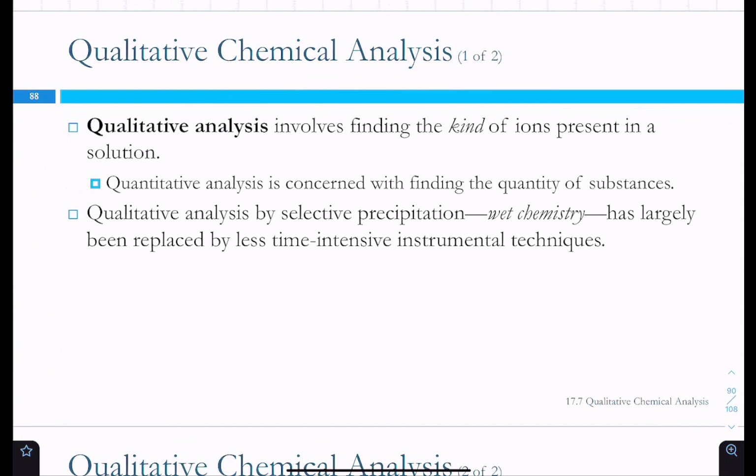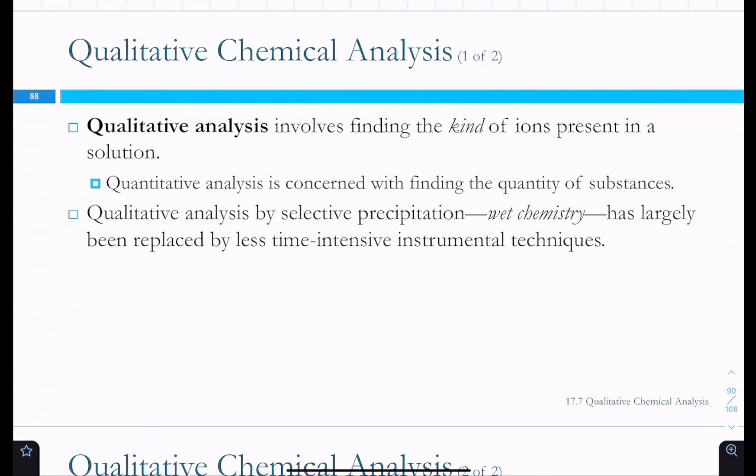This is all about finding the kinds of ions that are in the solution by using reagents that will selectively precipitate, the selective precipitation that we were just talking about. So it's qualitative: you're trying to identify the qualities of the solution, not the quantity or amount of things in the solution.